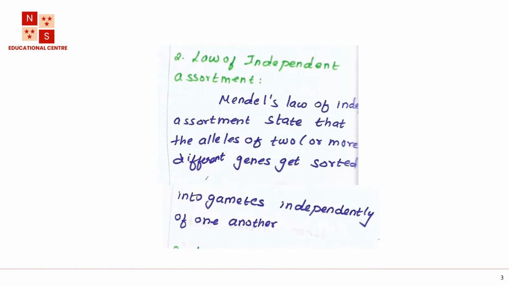We know about homologous pairs: TT for tall and small tt for short. The two alleles, this T and this t, are alleles. The alleles of two different genes get sorted into the gametes independently of one another.